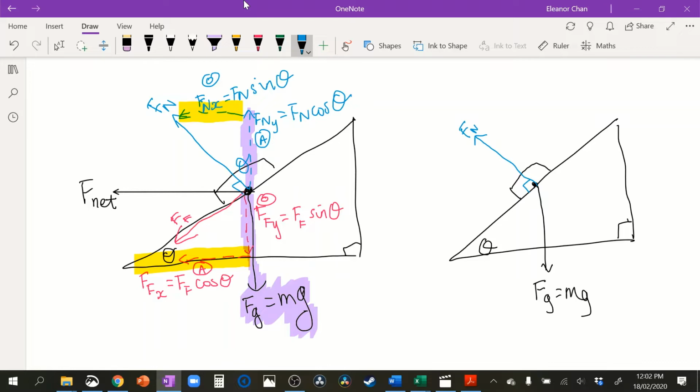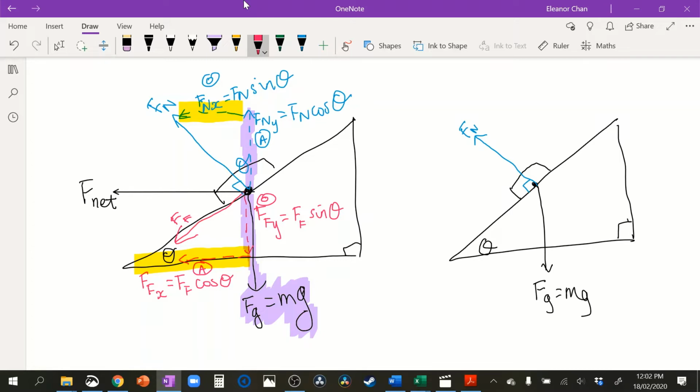Okay? So those are the two forces that we definitely know about, and the other force that we know is happening to this car is the friction force. Now, the friction force is going to be happening on the wheels. So it's the surface of the road happening to the wheels.